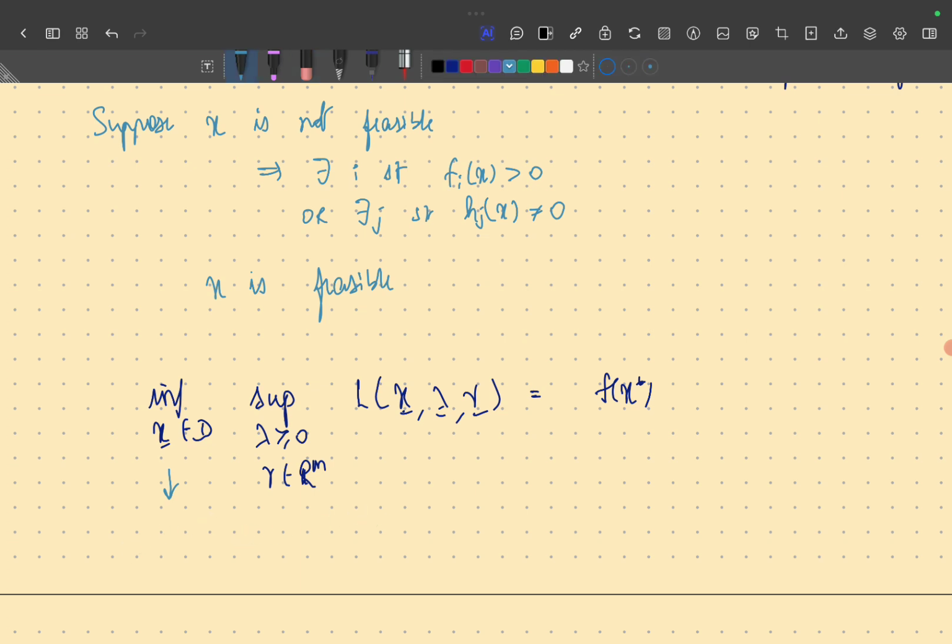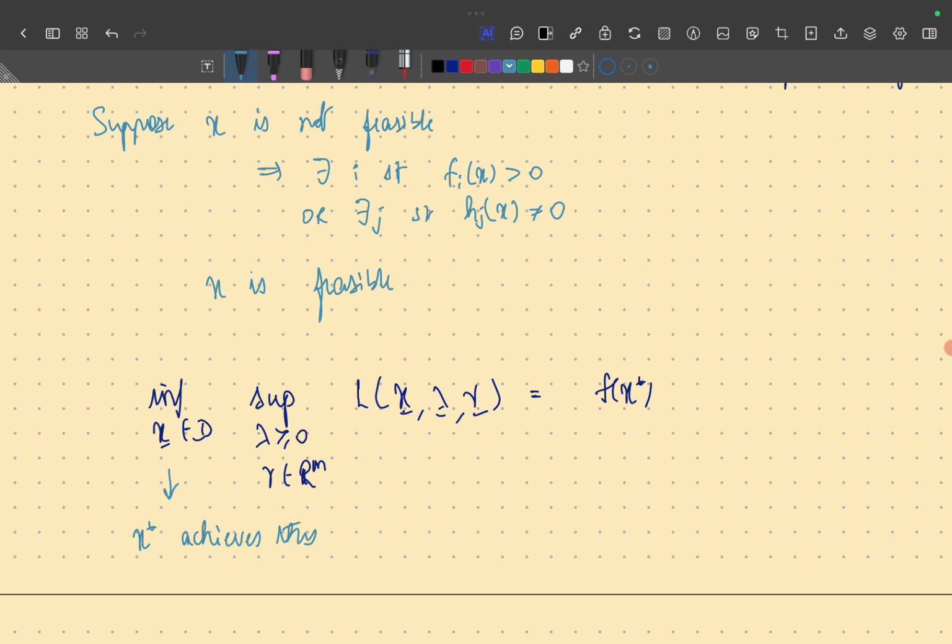Let me reword this to be clear: x star achieves this infimum. There may be some other point that also achieves this infimum, but definitely x star achieves it.